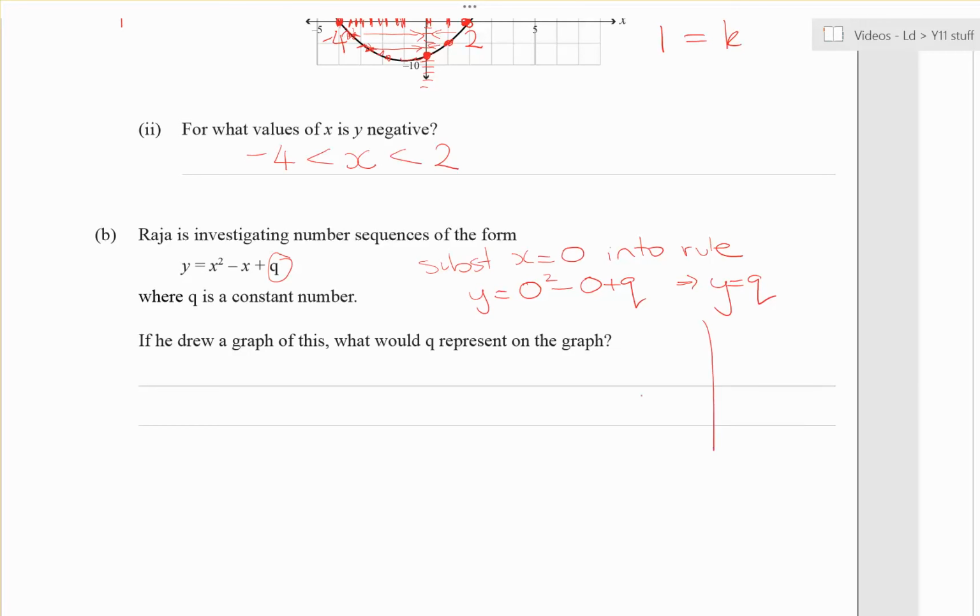So I can see that when I plot this, x is 0, it's going to cut at some value q. So q represents the y-intercept of the graph.